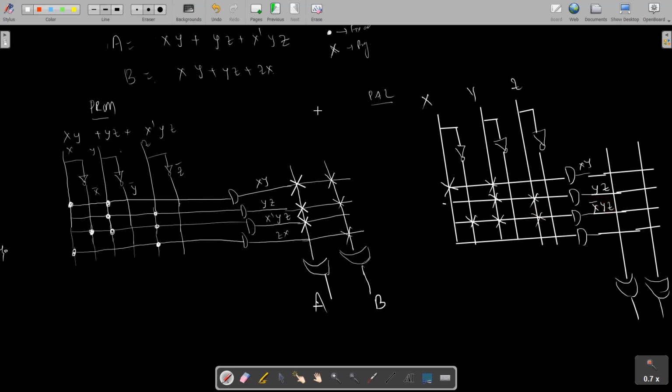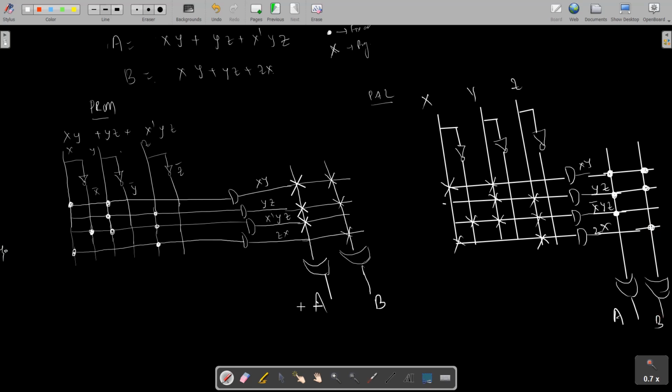And the last one is zx, so this is z and this is x. Now for A, the output is the OR combination of these three, but this OR will be represented using dots. Why? Because this is fixed. So this is for A, and similarly B is xy plus yz plus zx.